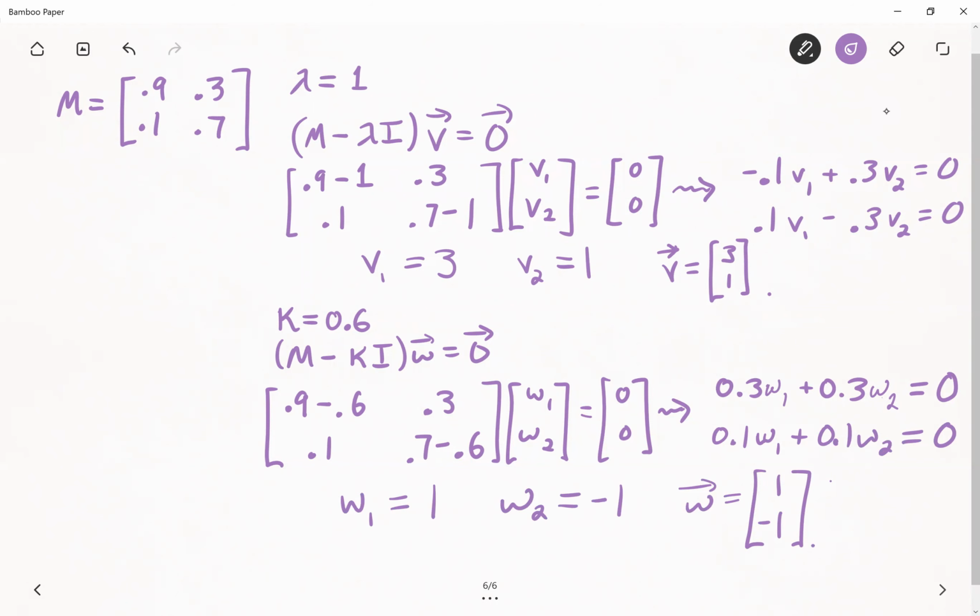Now previously, we learned about something called diagonalization, which means we can write any matrix A, or in this case, our matrix M, in the form P times D times P inverse, where P is a matrix of eigenvectors and D is a diagonal matrix of eigenvalues.